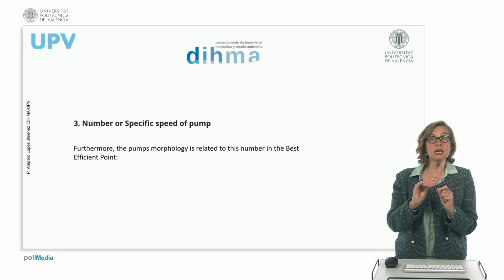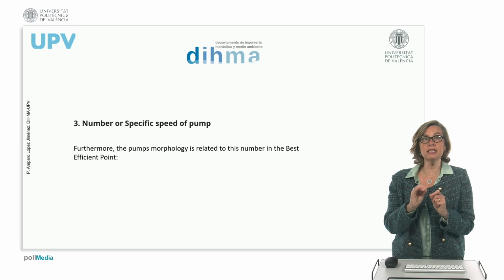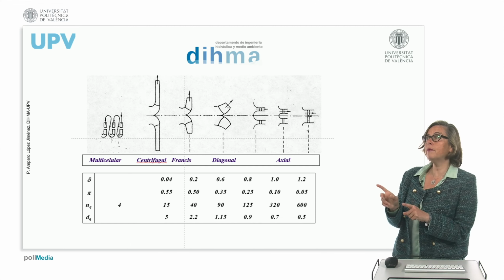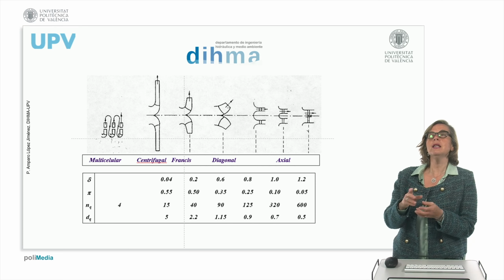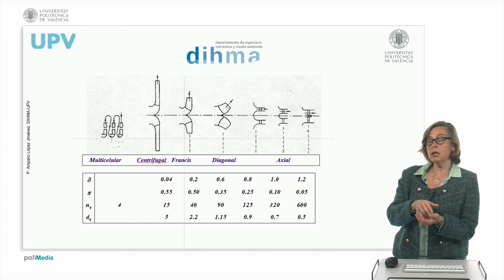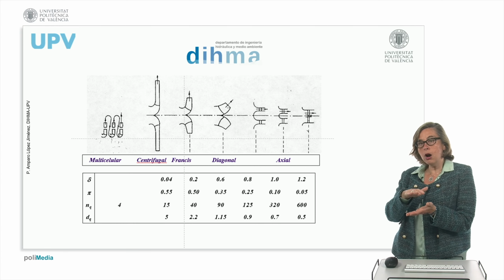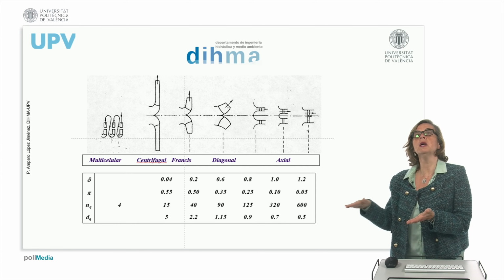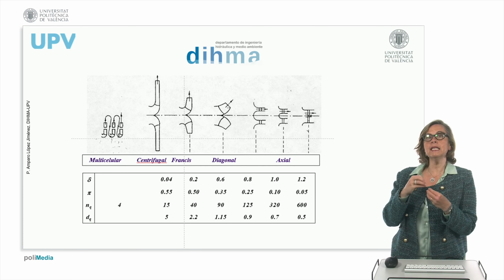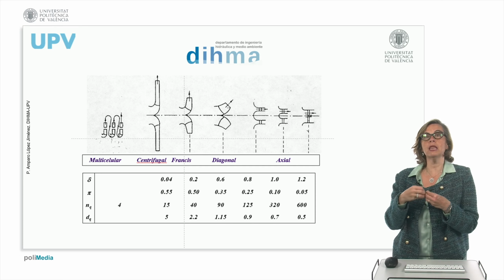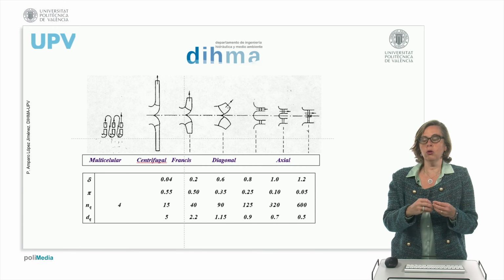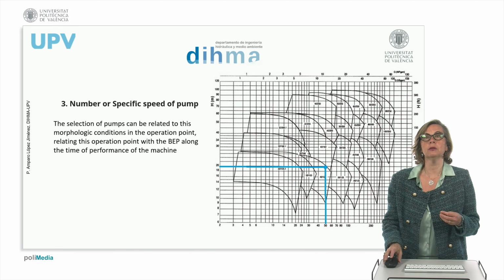The morphology of this pump in its best efficient point indicates if the pump will be very vertical in its curve, which is a multicellular pump, or very horizontal in its curve, which would be an axial pump. We will be relating the number of specific speed with this best efficient point, and we will have an idea of how to begin our choosing.